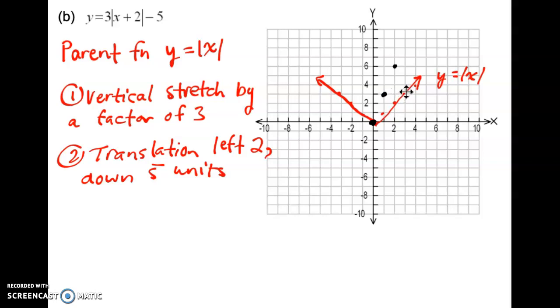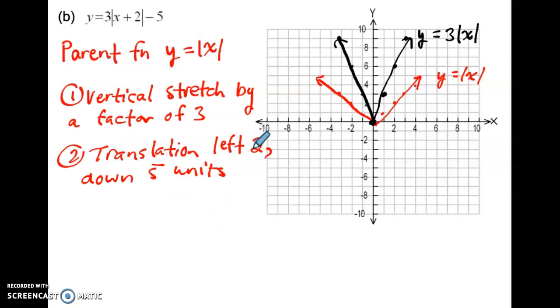Here the y value is 3. 3 times 3 is 9. And we would do the exact same thing on the other side, and it's actually going to be symmetric here. So there is our graph once we've applied our stretch factor. So right now the graph is really y equals 3 absolute x.